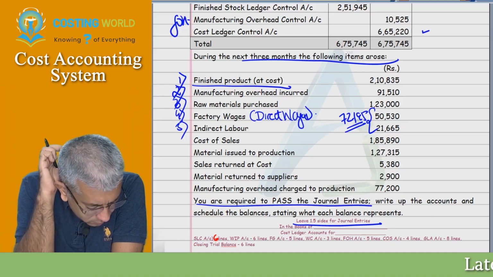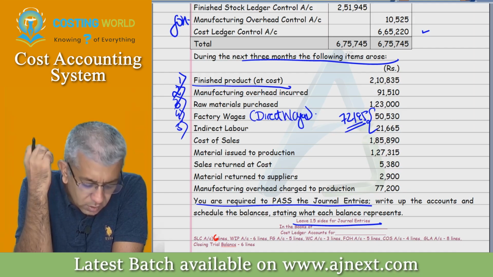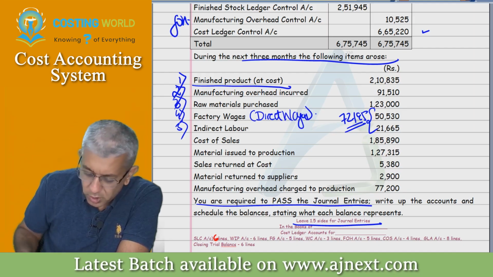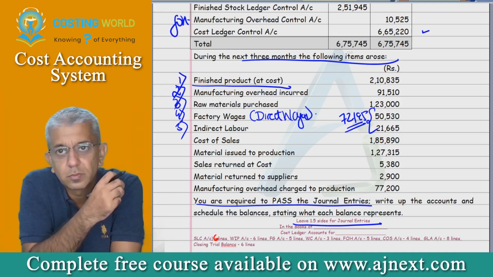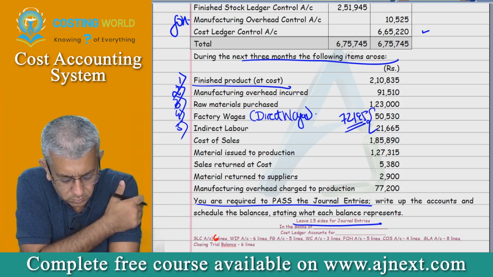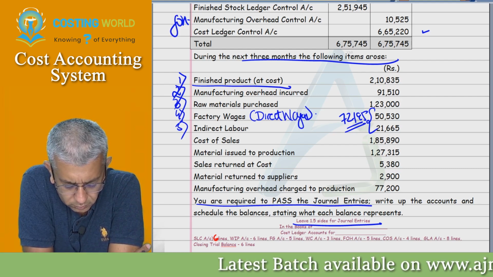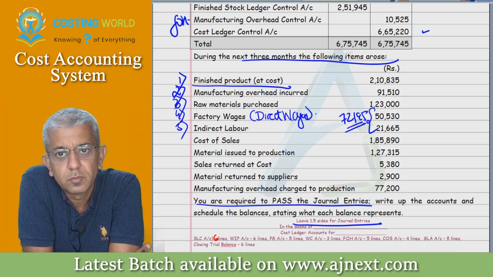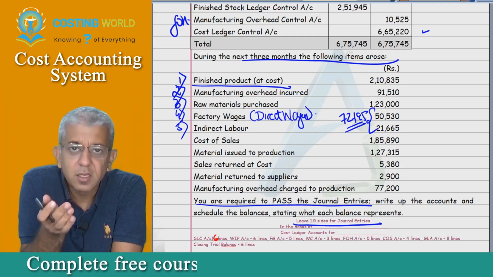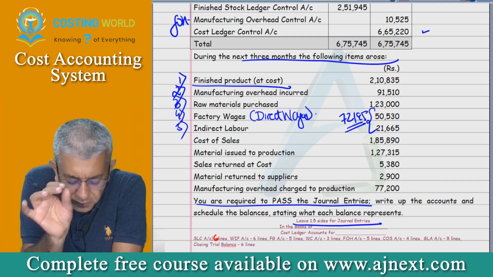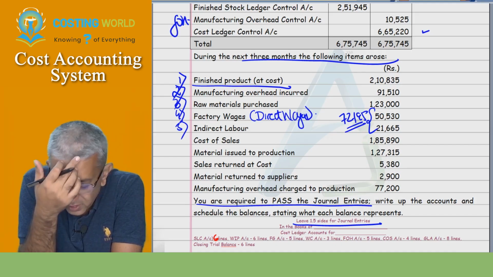So I'll write down WIP account debit to wage control 50530. And it's still the fifth entry only, means fifth heading only. You all write down FOH account debit to wage control 21,665.